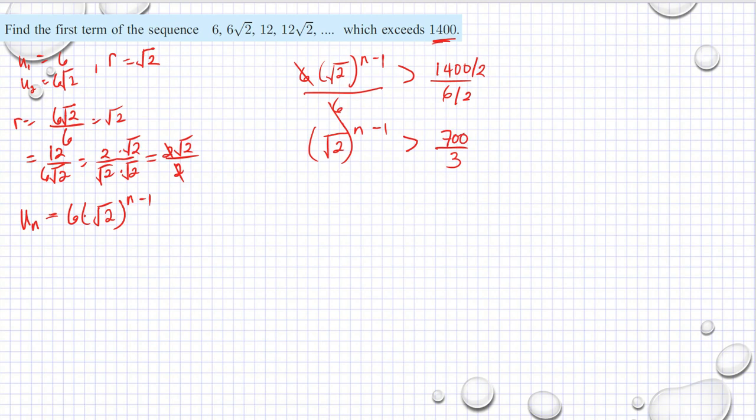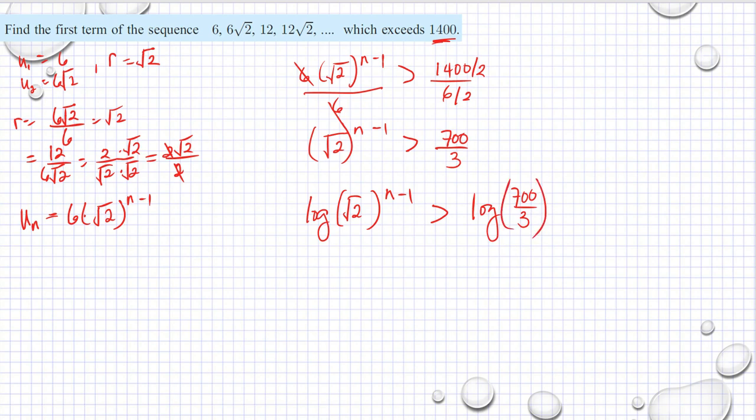Okay, and then as you learn from logarithmic functions and logarithms, we can solve this by logarithm. So we have logarithm of square root of 2 raised to n minus 1 is greater than logarithm of 700 divided by 3.